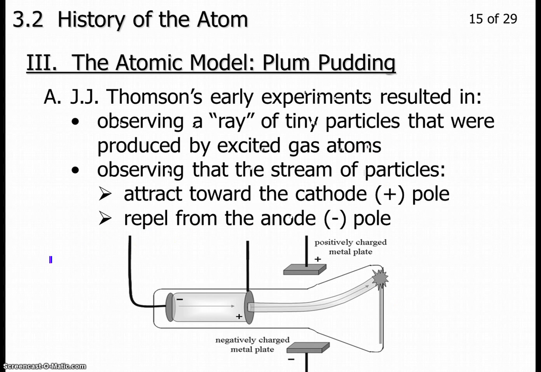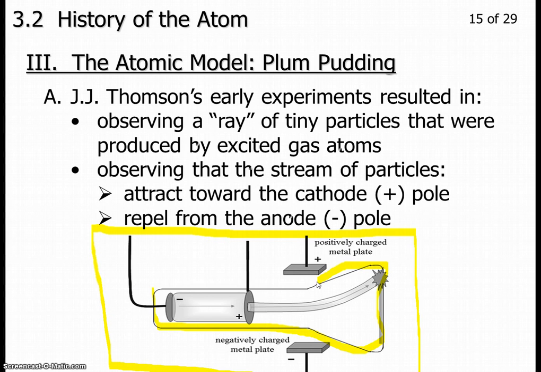But let's go back to Thomson's earlier discoveries. So earlier when Thomson was working with the electron, he was working with what's called a cathode ray tube, which is pictured here at the bottom of the screen. And in this cathode ray tube there was gas, and it was trapped in this light bulb looking apparatus.